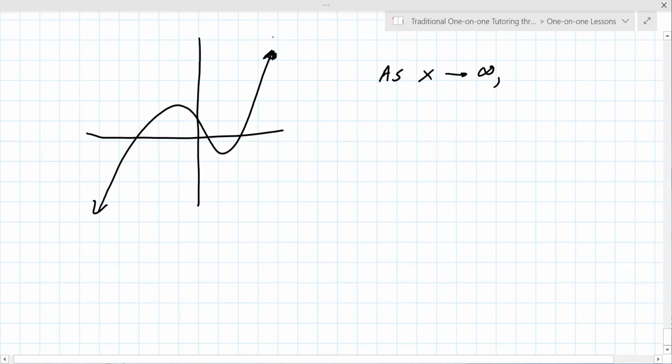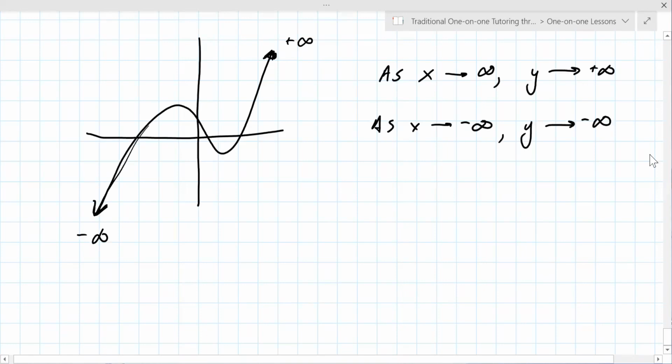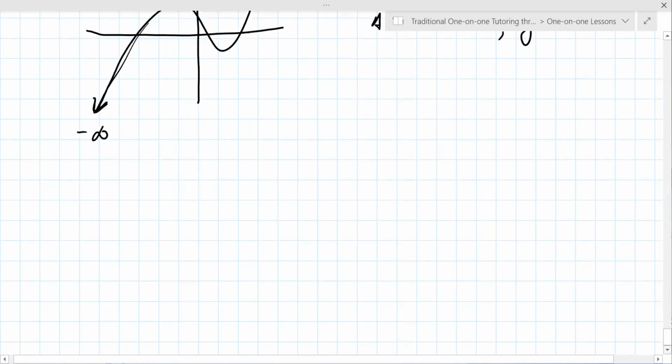How far up is this going? Positive infinity. So y goes to positive infinity. But as x goes to negative infinity, that's going the other way. How far down is this going? Negative infinity. Yeah, it's negative infinity.